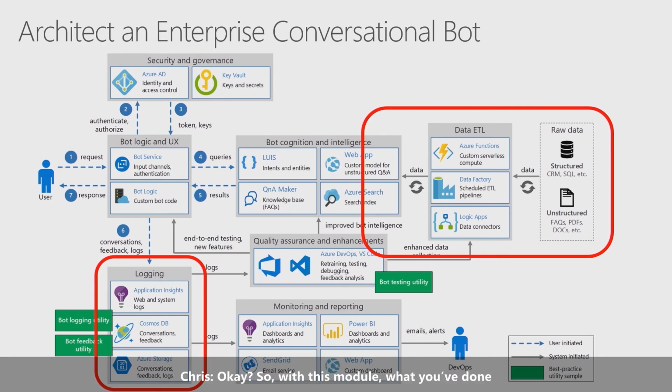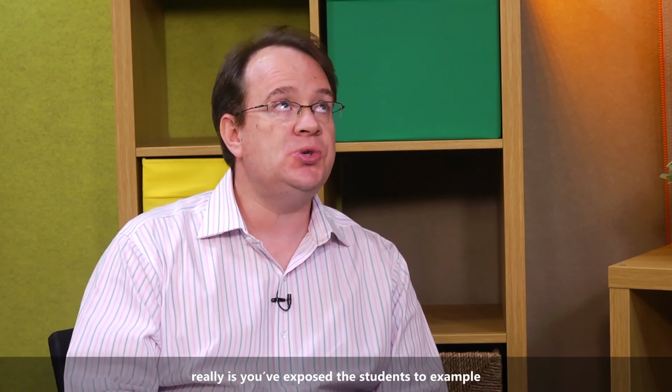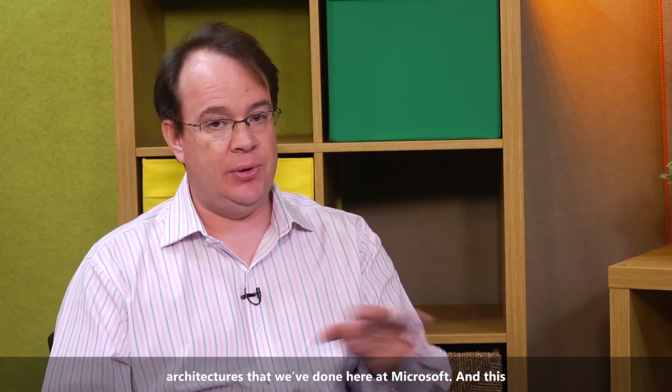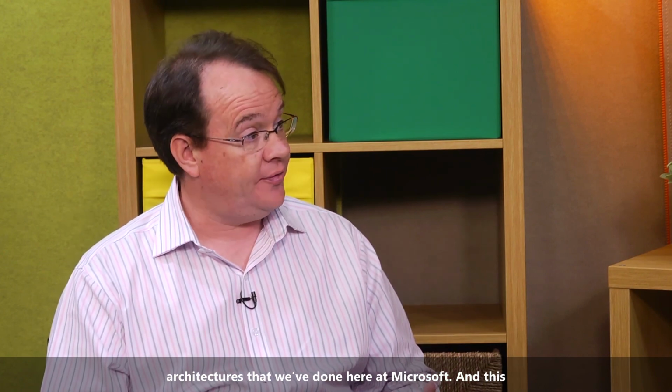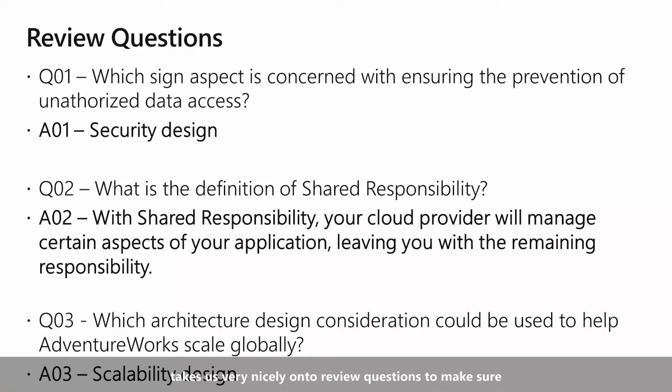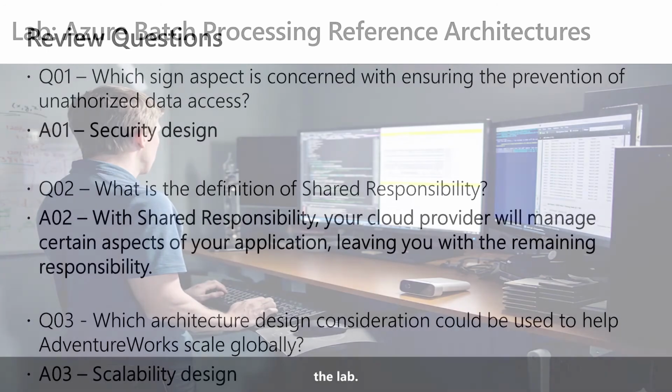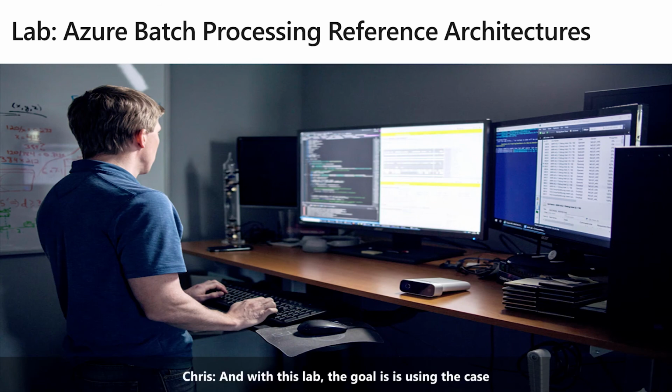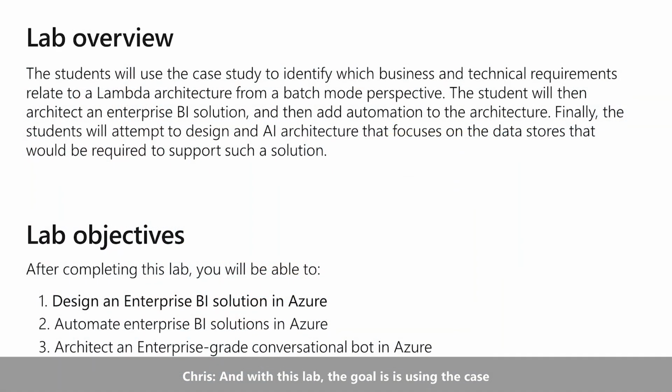Perfect. Okay, so with this module, what you've done really is you've exposed the students to example architectures that we've done here at Microsoft, and this takes us very nicely on to review questions to make sure that you solidify that knowledge, and then we get on to the lab. And with this lab, the goal is using the case study, what you're going to do is look for the business and technical requirements, building up a Lambda architecture from a batch mode perspective.